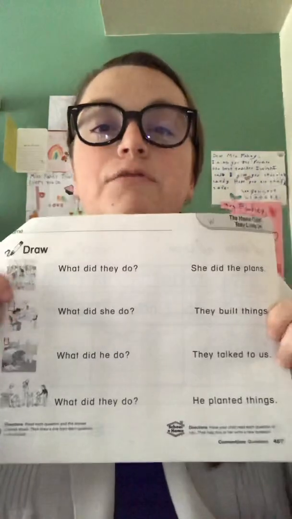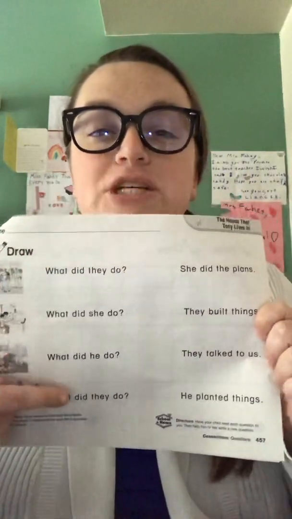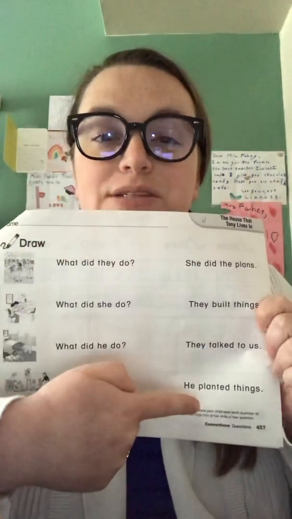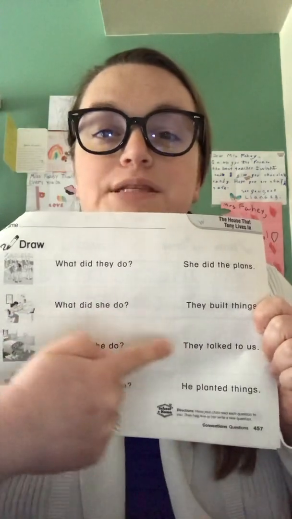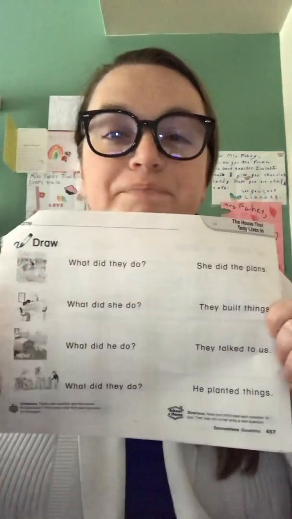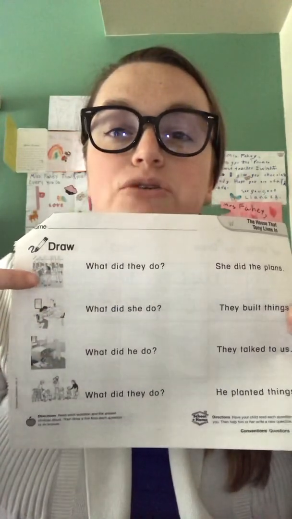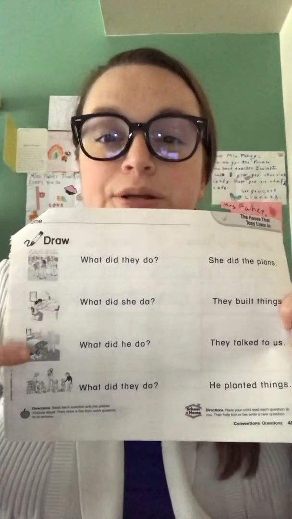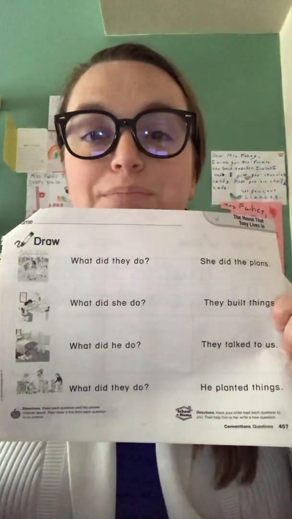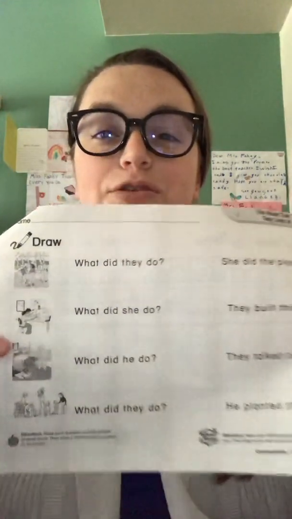Then let's turn to page 457. Here we have a list of questions and a list of answers, and we need to draw lines to match them. To help you with your questions, look at the pictures beside the questions to give you a clue what they might be asking. So let's do the first one together.